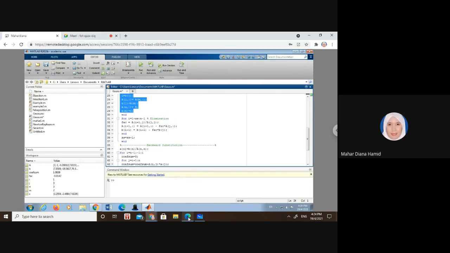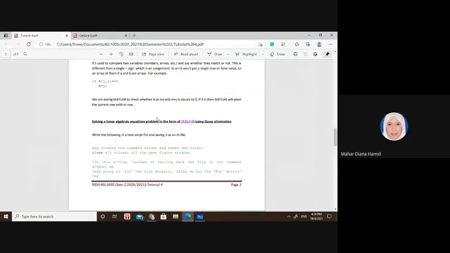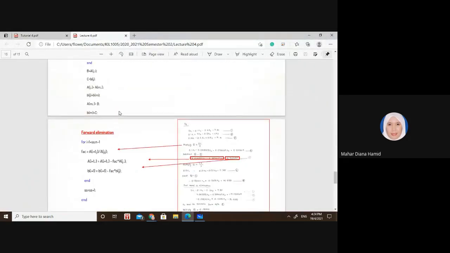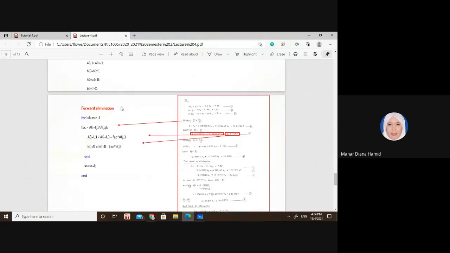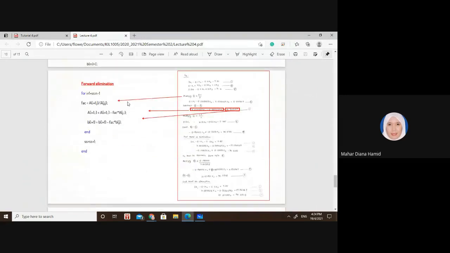I'm not really sure if you have read this particular lecture. So the next process would be the forward elimination. For the first line of the forward elimination, this particular syntax means the second modification, or the second procedure.